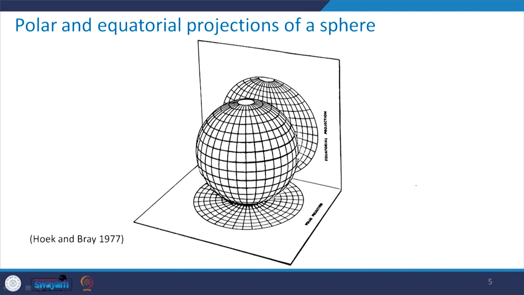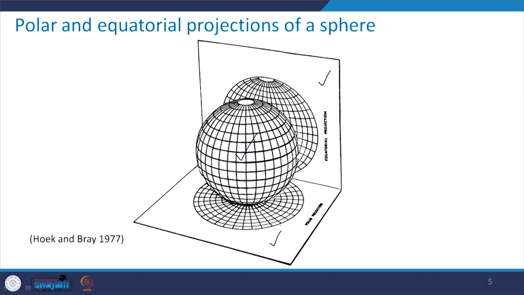Now, as we discussed in the previous class, think of a globe and its latitude and longitude to be used for the representation of the geological data. Just see that you place the globe in the space and you have a vertical plane and a horizontal plane.